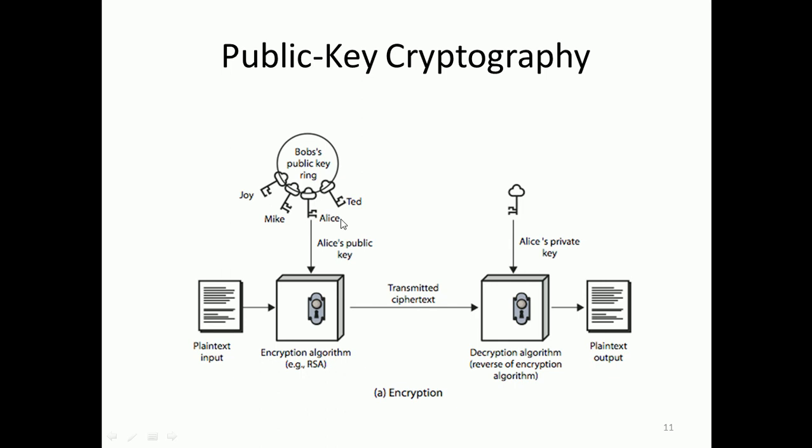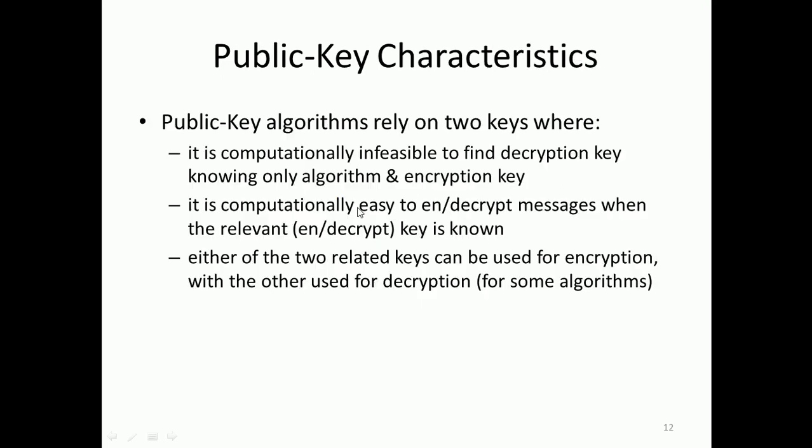If he wants to communicate with Alice, he will use the public key of Alice and will encrypt a message with that public key. As the private key is only with Alice, Alice is the only person who can decrypt it, not Mike, Joy and Ted.